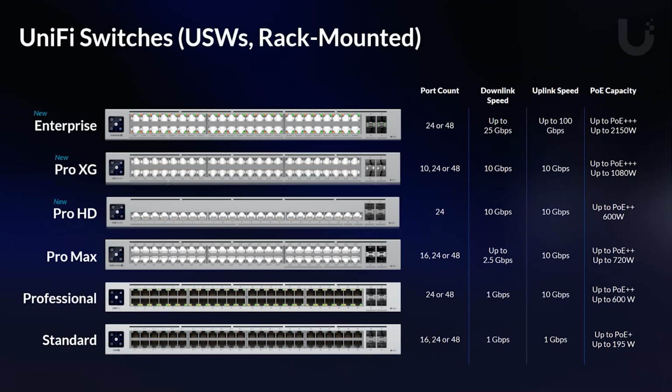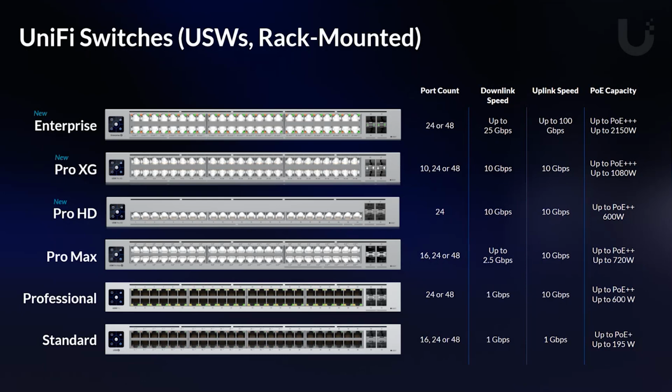But let's talk about the switch portfolio. We just announced a few more switch models, some of which I think are relevant to MDUs. On the highest end, our enterprise line, we've released something for very large apartment complexes. Let's say this is in a large city and it's a 30-floor apartment.